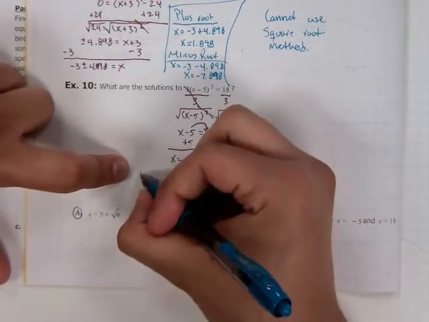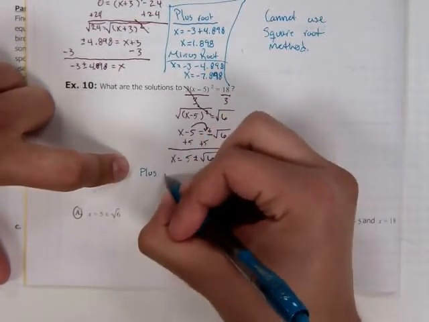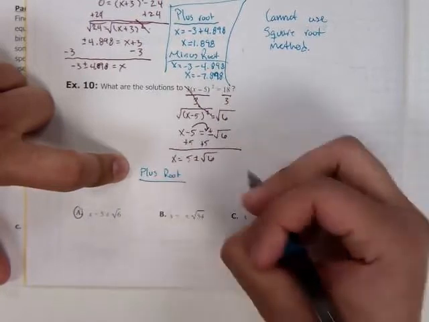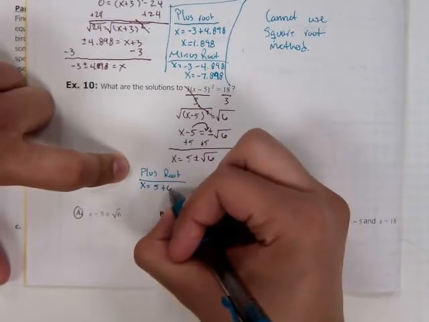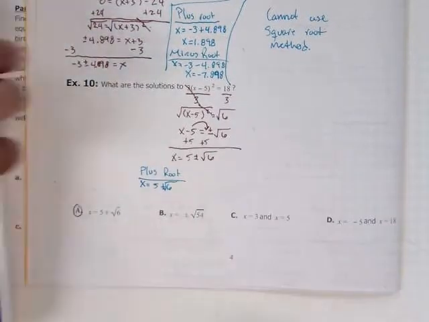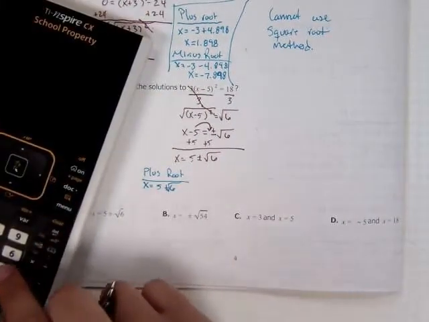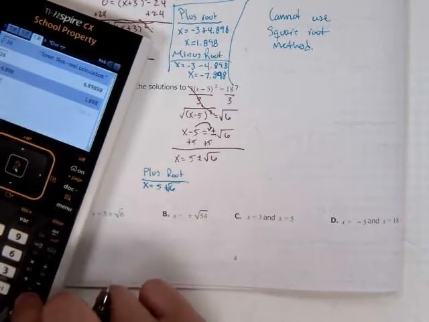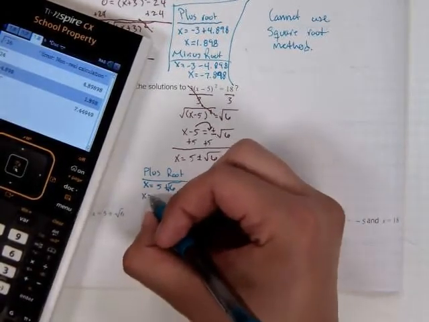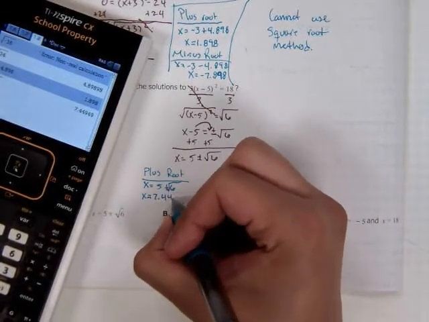Now, you can always turn your answer into a decimal. So the plus one, x equals 5 plus the square root of 6. That's the plus root. If you do that on a calculator, 5 plus the square root of 6, that is x equals 7.449.